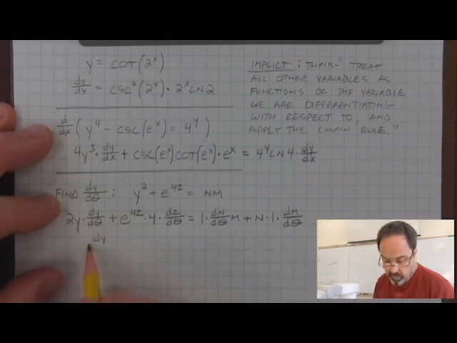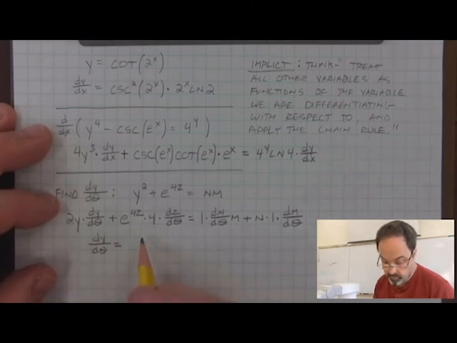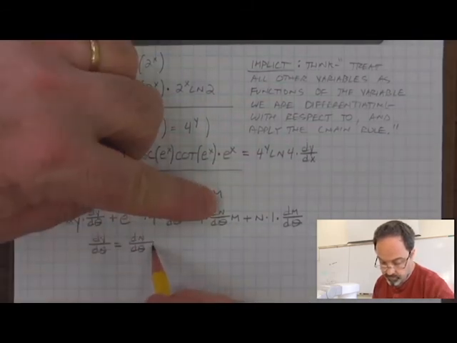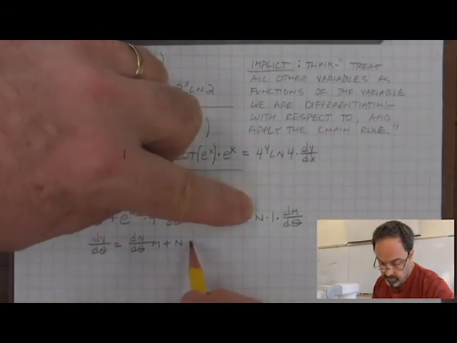When I do that, I'll have dy over d theta is equal to this other side where I'm going to ignore the multiplications by 1. So it is dn over d theta times m plus n times dm over d theta.